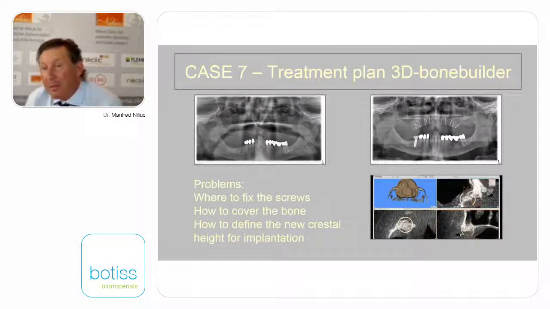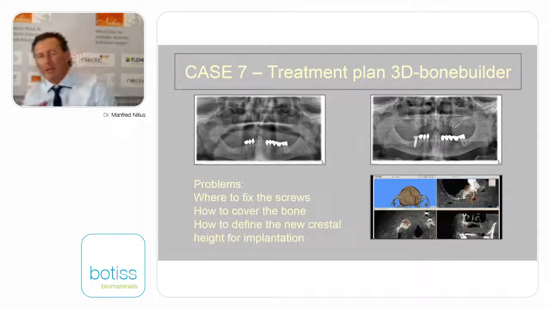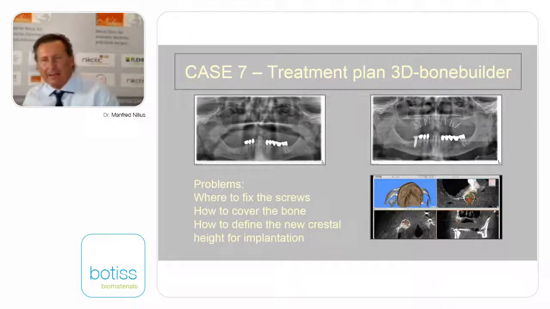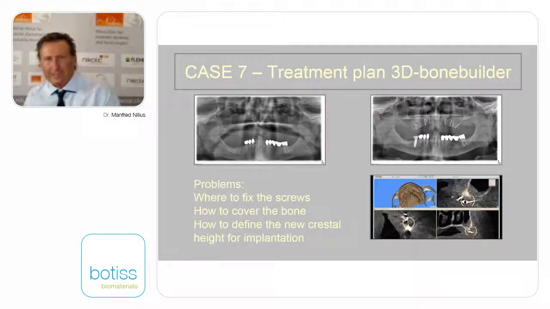So where to put the implants? So sometimes it's a hint, but it is not that safe. Or you have to wait longer. But when you wait longer, on the other hand, you're not sure if there's still bone or what's about the resorption. So these are the three big problems we had in this special case. Maybe you can avoid it.